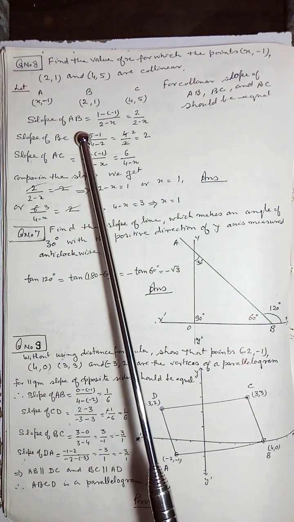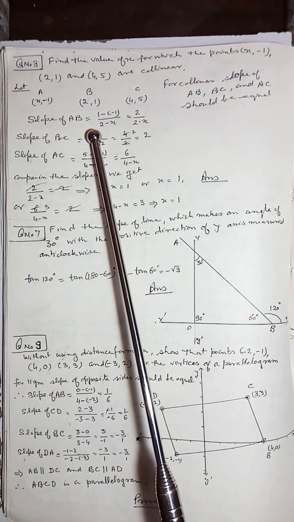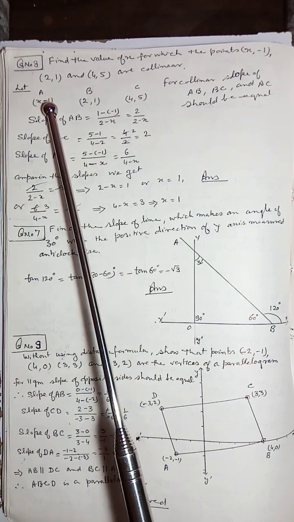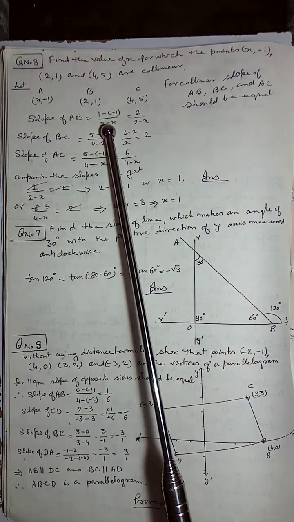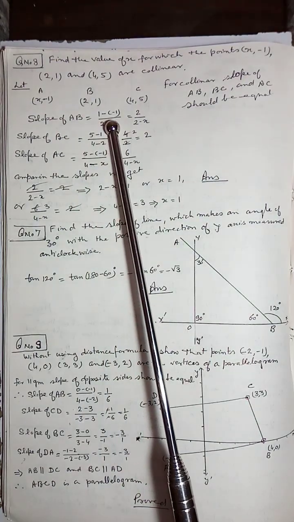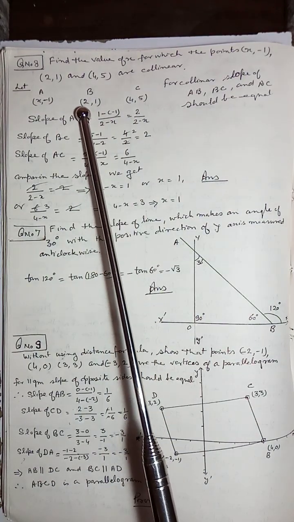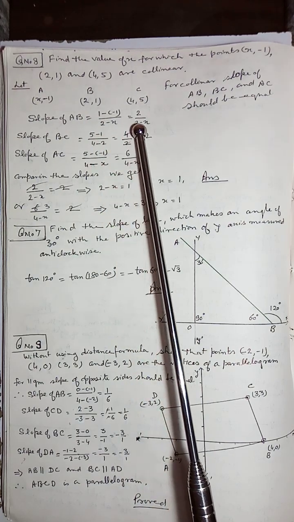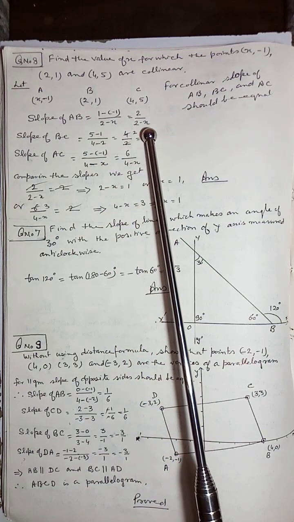The slope of AB is equal to y2 minus y1, y2 minus y1 means 1 minus (-1) upon x2 minus x1, that is 2 minus x, and it will be 2 upon 2 minus x.